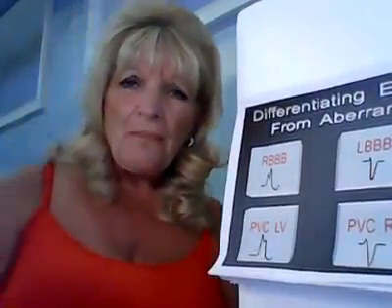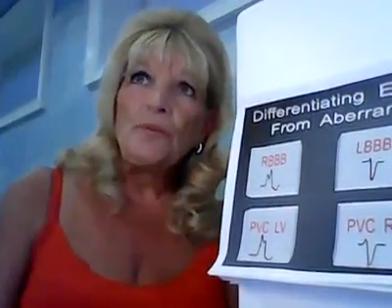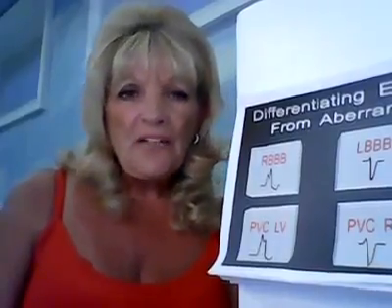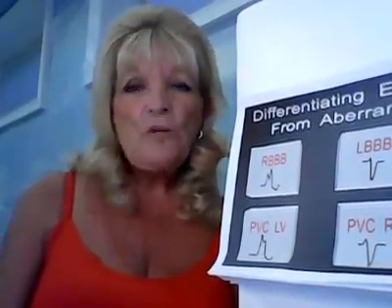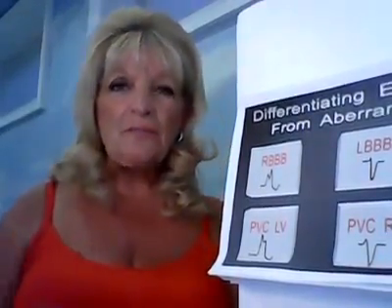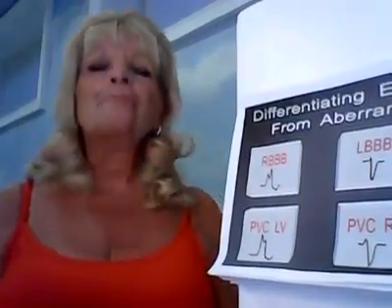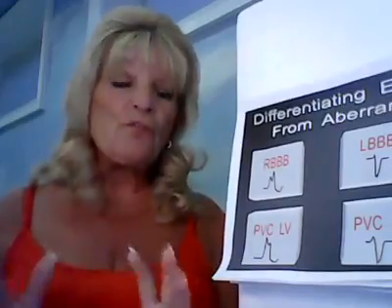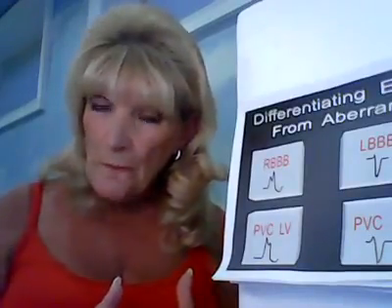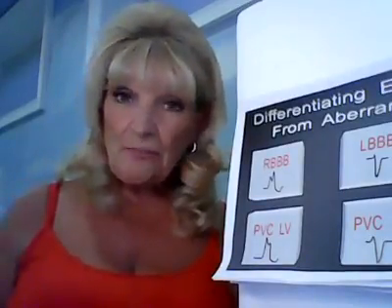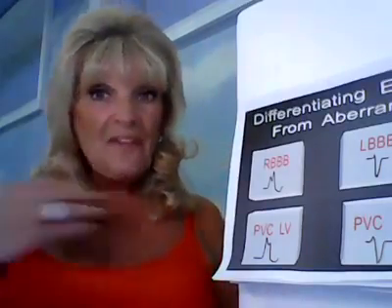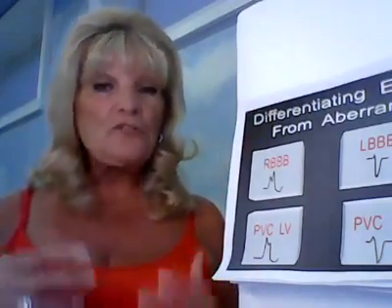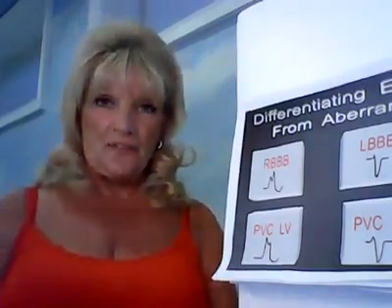A Lewis lead is something that you would use if you only had a 3-sticky system. When you have a 3-sticky system, you can only do lead 1, 2, and 3. For example, in our trauma room, we only have a 3-sticky system. Every other room has a 5-sticky system.